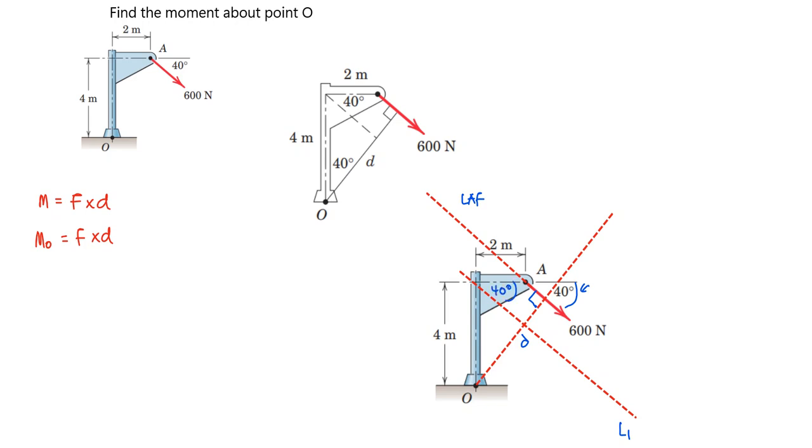What I'll do next is draw another horizontal line here, which will be perpendicular to the vertical pole. When I do this, you see that you are going to have alternating angles, which will make this angle here 40 degrees. If the angle is 40 degrees, then you're going to have this angle here to be 50 degrees.